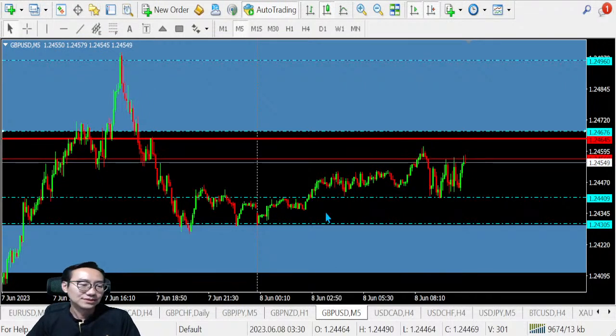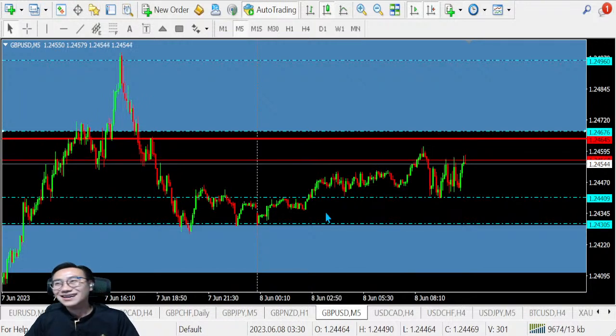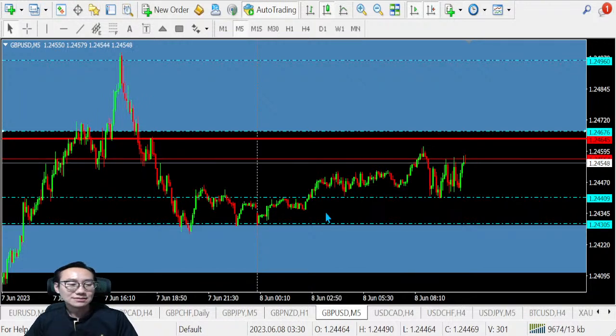Okay, 4 rounds. But however, I think maybe it is still not very safe to scalp as well, because it can be quite a high risk.